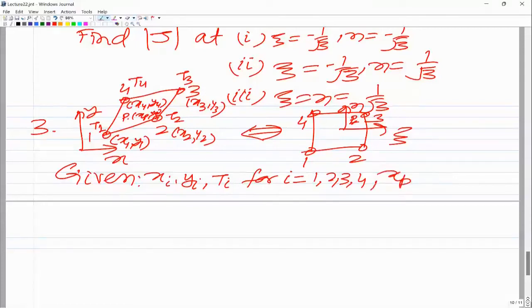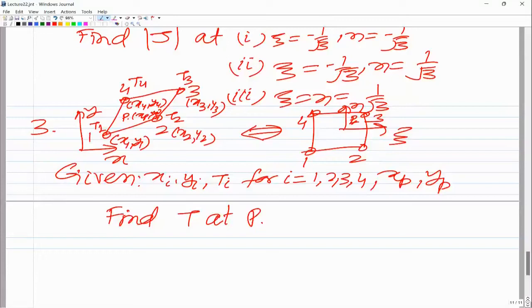Then you have to find the unknown variable, say T at point P. Now in this interpolation, T is expressed in terms of xi and eta, whereas the point given is in the physical coordinate space, xp and yp. So first we will have to find out xi p and eta p, and then evaluate the shape functions N1, N2, N3, N4 at that point, and then get the T value at that point.